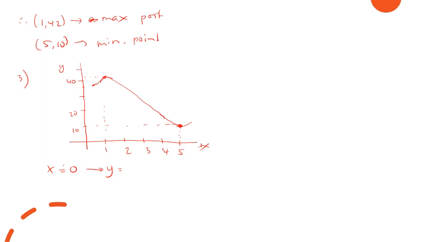So that is 0 cubed minus 9 times 0 squared plus 15 times 0 plus 35, so this will be 35. So more or less it is here. Now your drawing is more subtle. So this is how you do the optimization of this function.